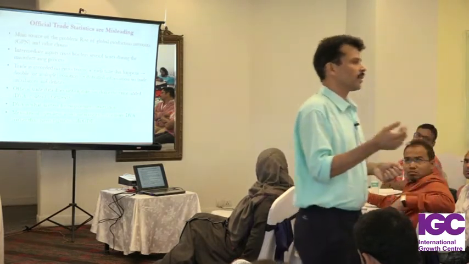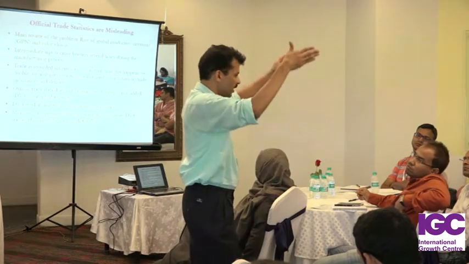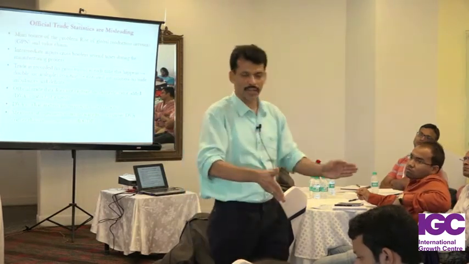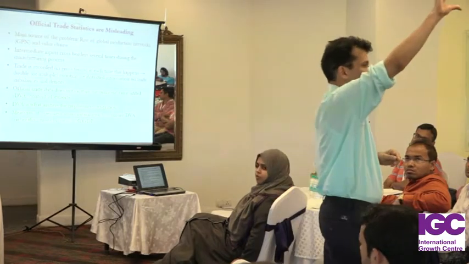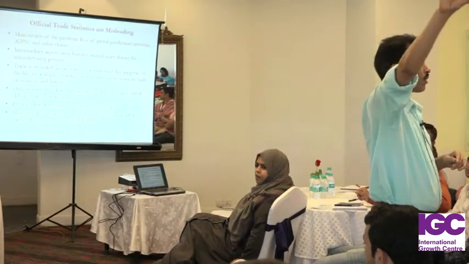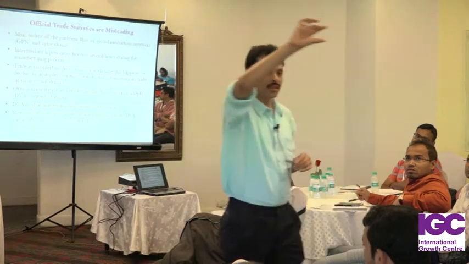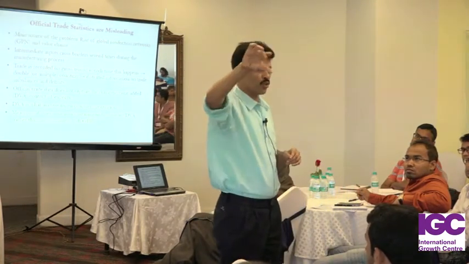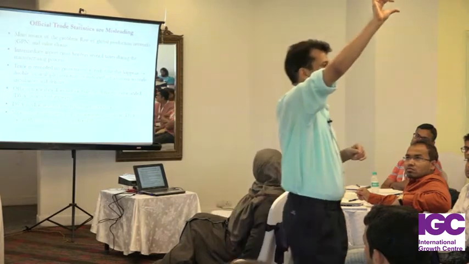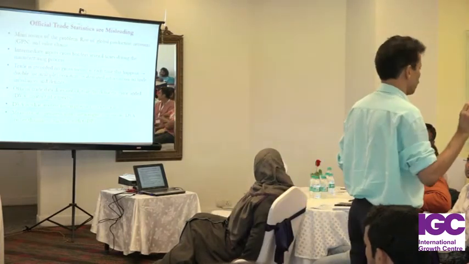For example, if you look at Indian trade export data, which are the major items that India exports? The first one is petroleum products, second is gems and jewelry, then some engineering products and so on. So the first two items are petroleum and gems and jewelry.